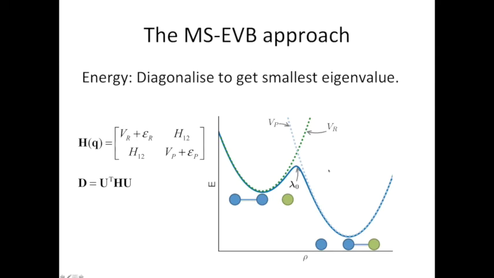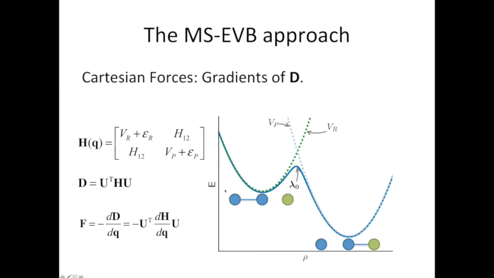For molecular dynamics, I need forces, as everybody probably knows. To get forces, I use the Hellmann-Feynman relationship. In this context, what I want is the gradients of my eigenvalues, so the gradients of my eigenvalue matrix D, which has the eigenvalues on the diagonal.